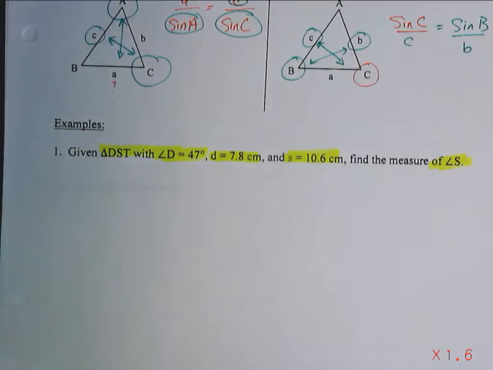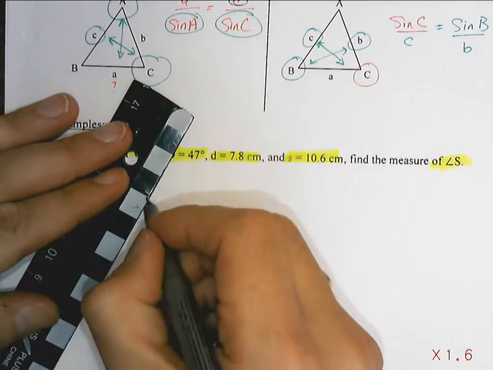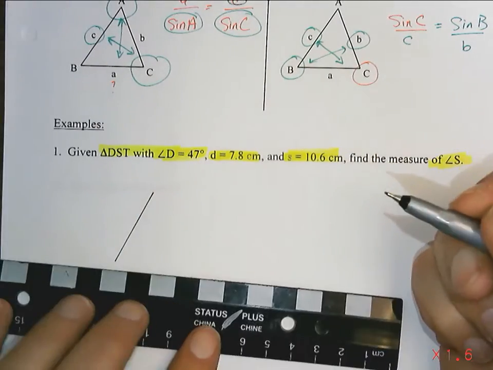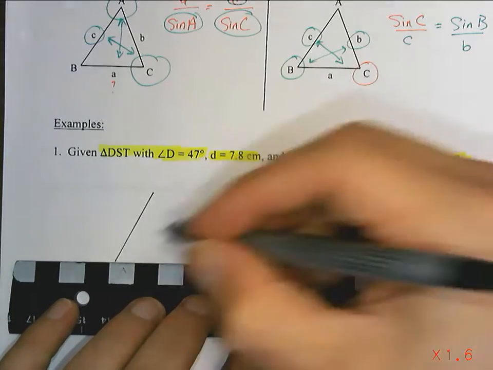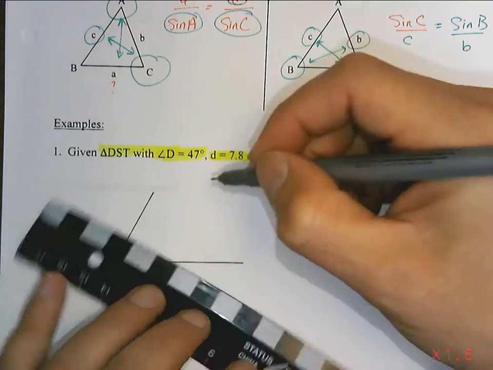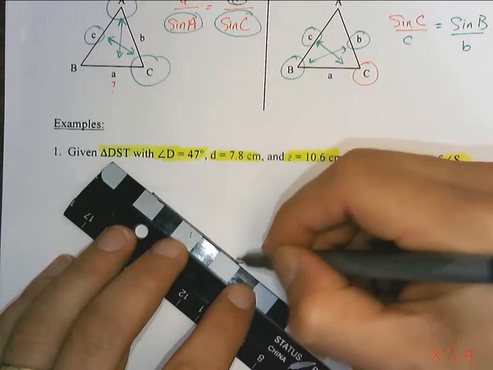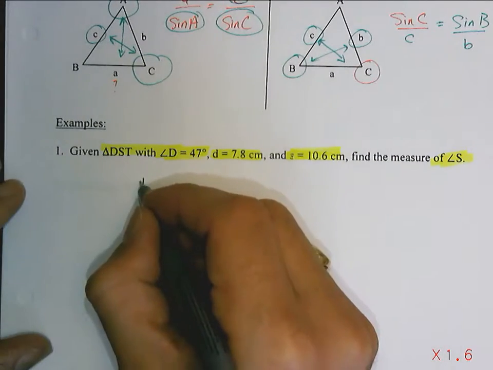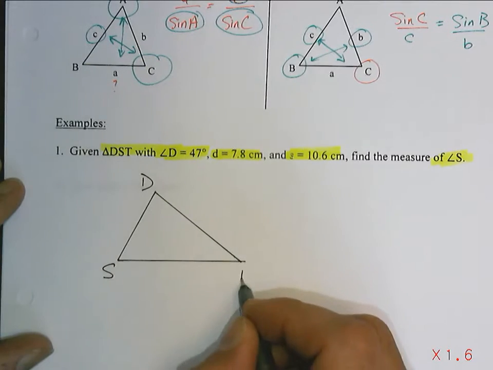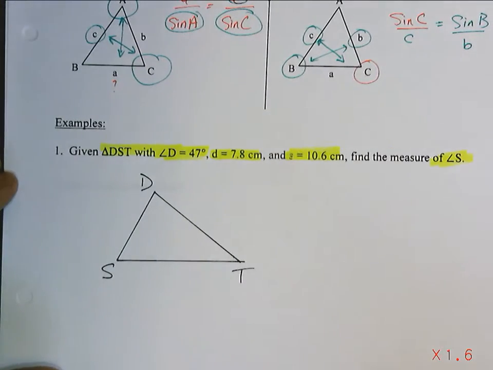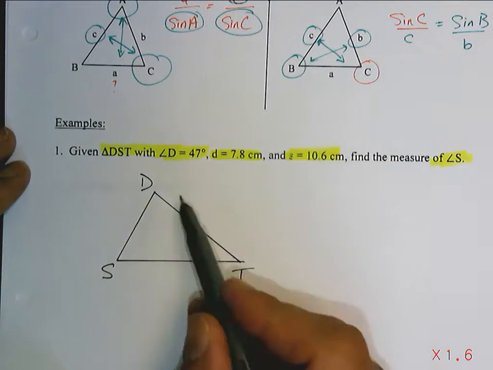So, we're going to draw a triangle. Don't draw any special triangle like a right angle triangle, because then you're going to be tempted to do things that you can't. I can label this D, S, T. That's fine. I could have put the D here or the S here or whatever.